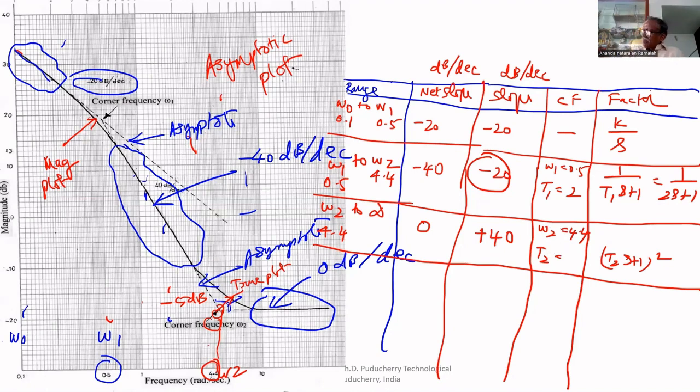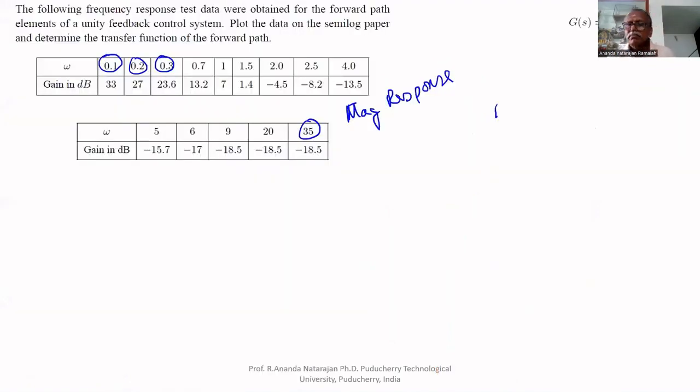T2 equal to square root of 1 by 4.4, that is equal to 0.227. So 1 divided by 4.4, if we take the square root of this, repeated poles, omega 2 is 2.27.